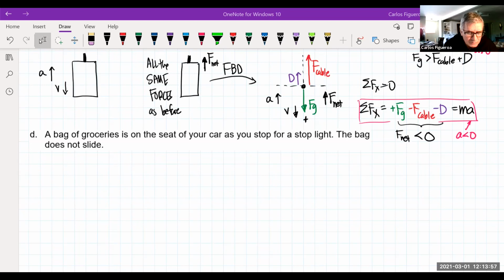Let's say that I put those bag of groceries not on your car seat, but on the back of a truck. And I think the reason why is just going to be easier to draw so that you can actually see it. So I'm going to change this slightly. So here I go. So what do I have? I have a truck, right? And what you're seeing in this scenario here is that I have a truck with the bed.